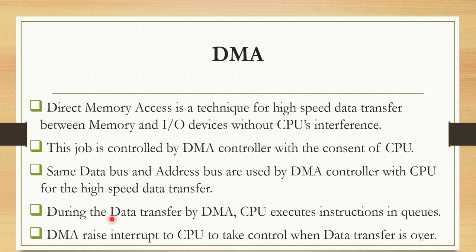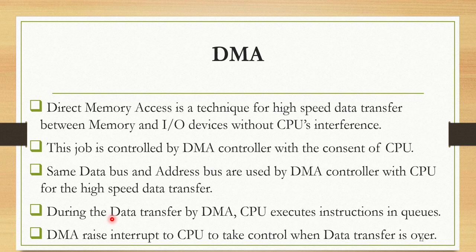Now this is DMA. DMA is direct memory access. You see, there are some non-priority jobs which can be done by somebody else other than the CPU. For example, you have given a print command for 100 pages.